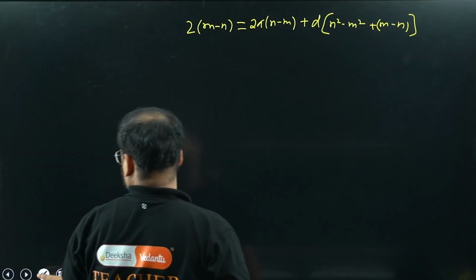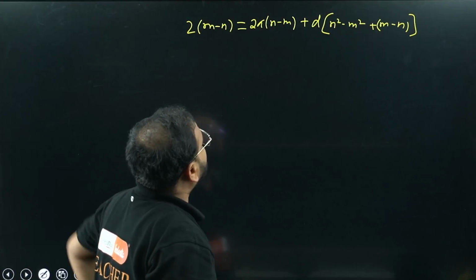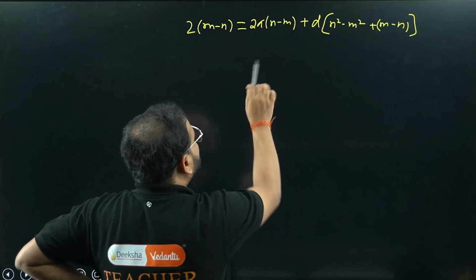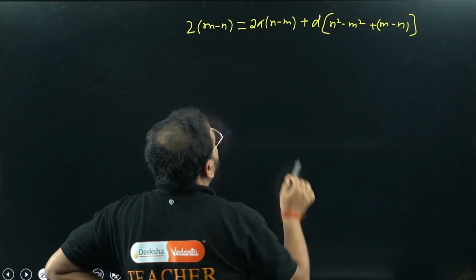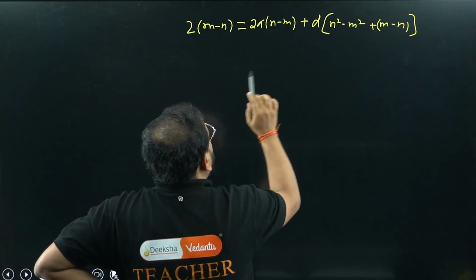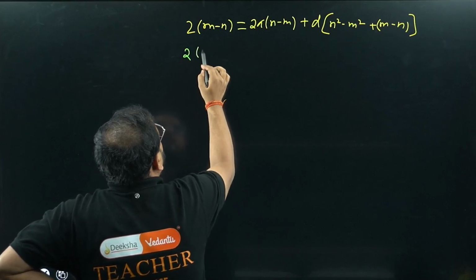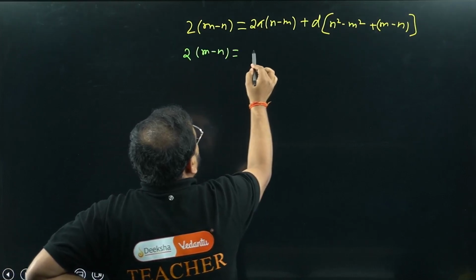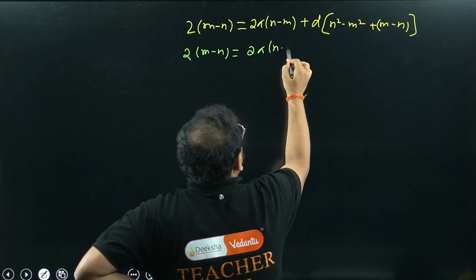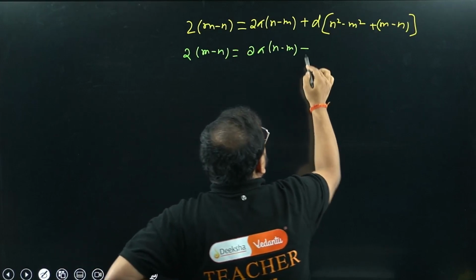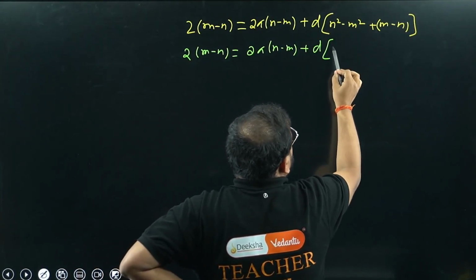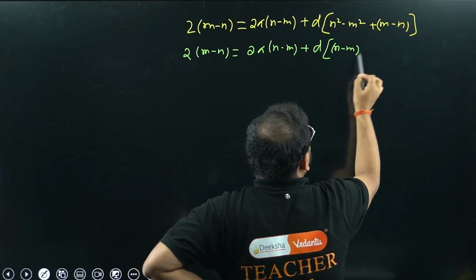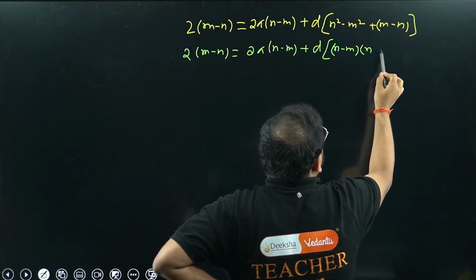Now moving on, have a look. I can see something is common: m minus n and n minus m are coming all the time. So before that, let's make factors again. For n square minus m square, I'm getting a square minus b square, so n minus m into n plus m.